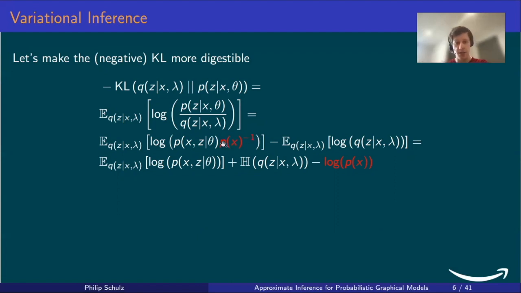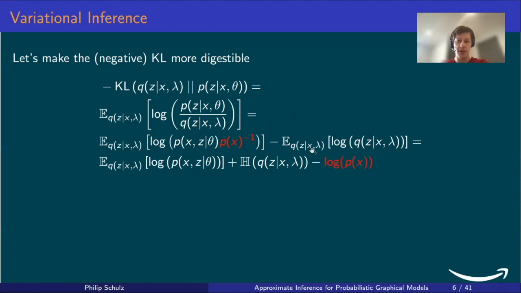So for as long as p(x) is in here, this is actually completely useless because we are back to square one, right? We still have p(x), still can't compute it. So this expression here doesn't make our lives any easier. But what I can now actually do is, since p(x) does not depend on the measure of expectation, I can pull it out entirely, right?